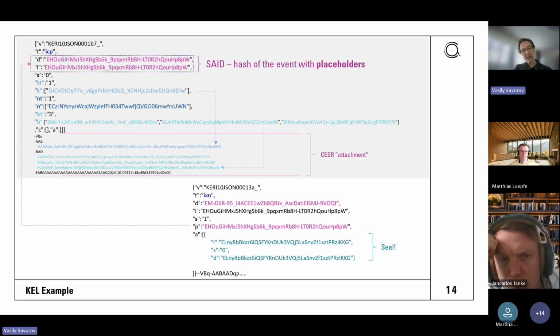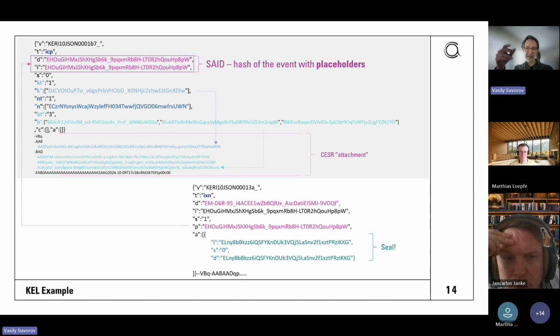And it says, oh, okay, what's the type? An inception event. The hash is changing. How can you have the hash of the event and put the hash into the event? It's kind of circular. It doesn't work. And it doesn't, right? So what happens essentially when you create an inception event, or any other event for that matter, for the inception event, you take the D and I fields, which stand for digest and identifier, and put just a placeholder, right?